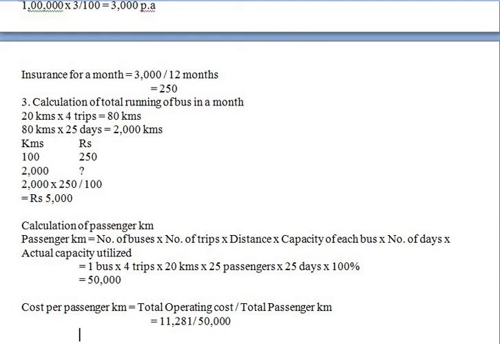Which is equals to rupees 0.2256, or you can take 0.23.